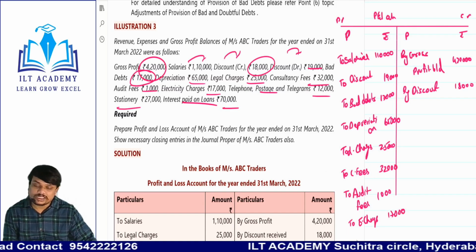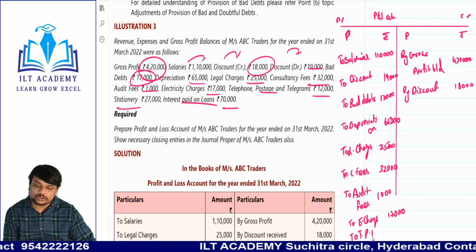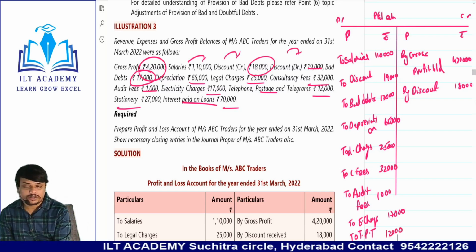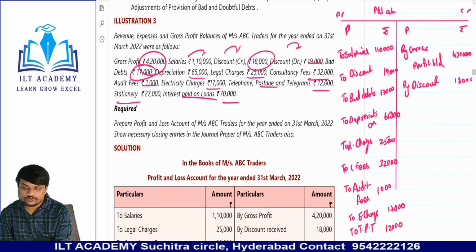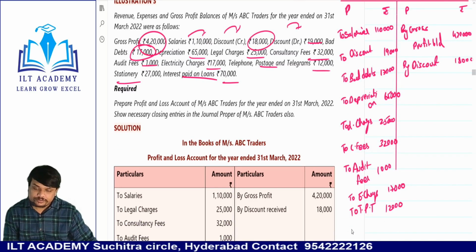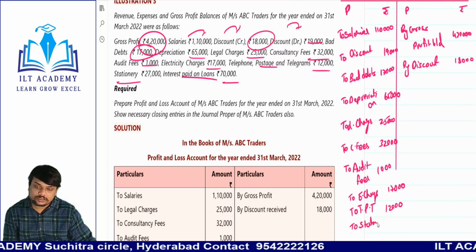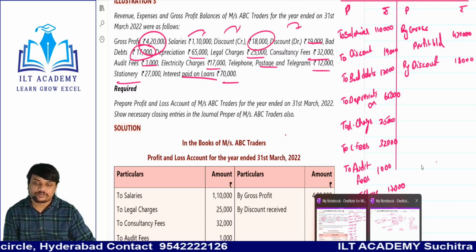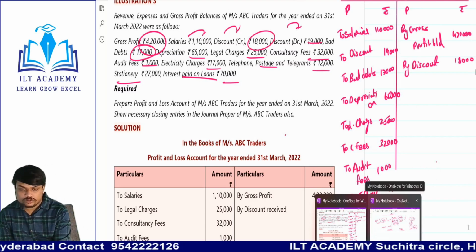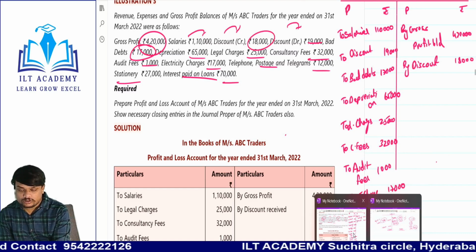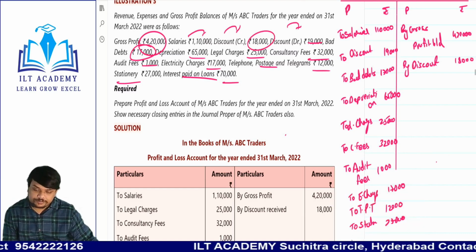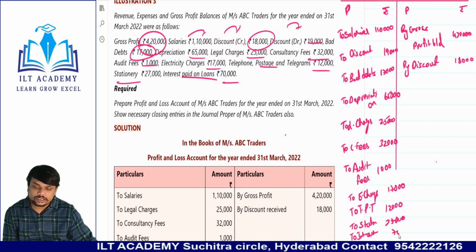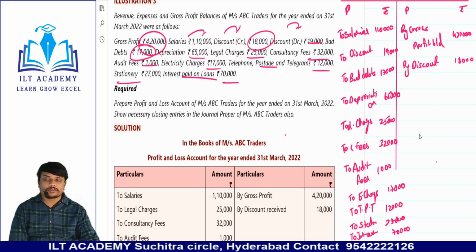And telephone, postage, telegram 12,000, and stationery 27,000. To interest is 70,000. With this we have recorded all the expenses and incomes.